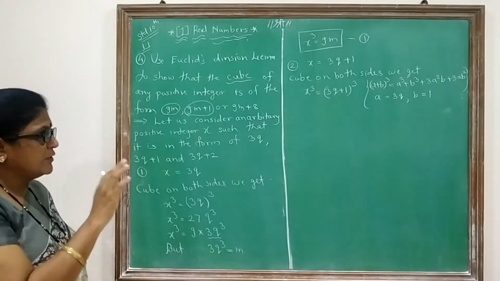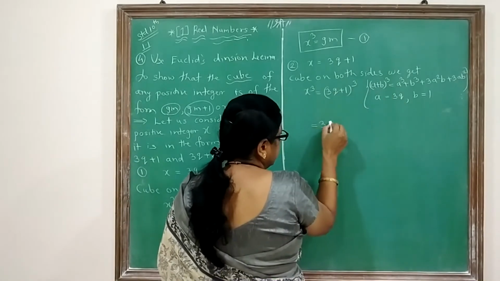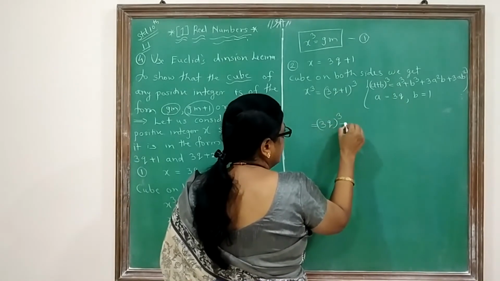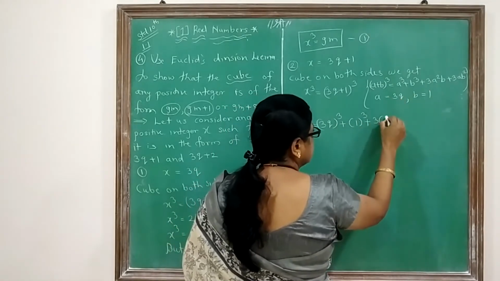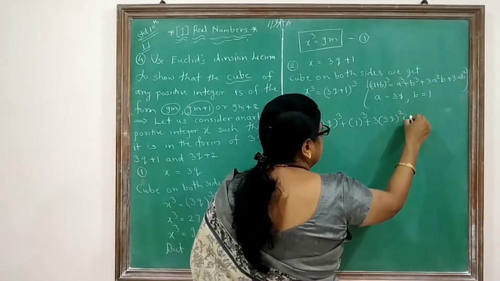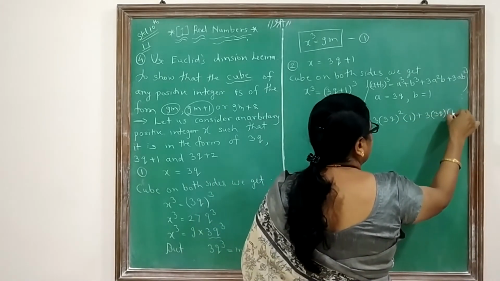Then put the values in this formula: a cube, that is 3q whole bracket cube, plus b cube, that is 1 cube, plus 3a square, that is 3q whole bracket square into 1, then 3a, that is 3q into 1 square.